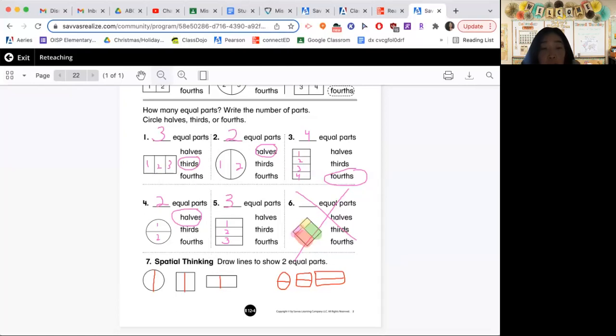Number 5 is 3/3. Oops, I didn't circle number 3 either. Or number 5, sorry. Number 6 is not equal. You're going to exit out. And then number 7, you just cut it in half.